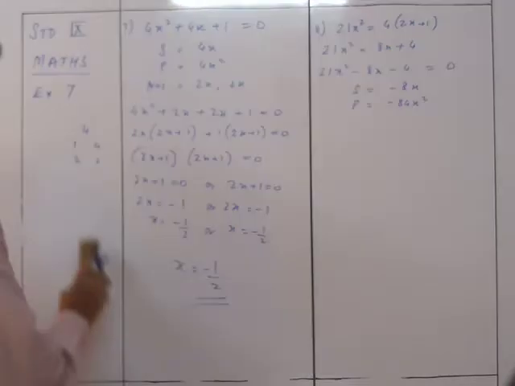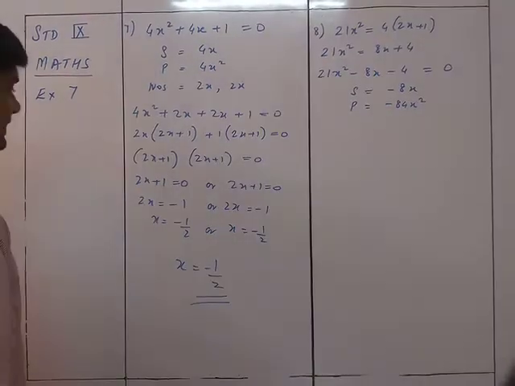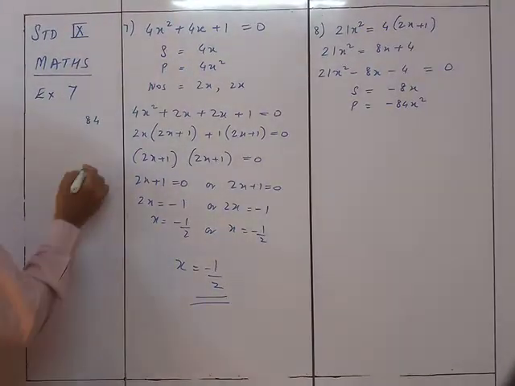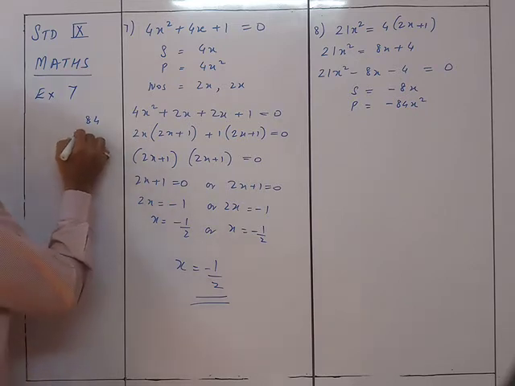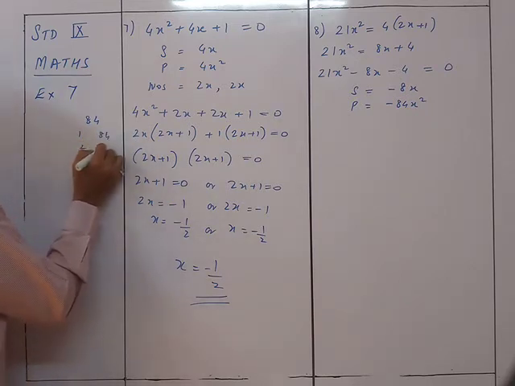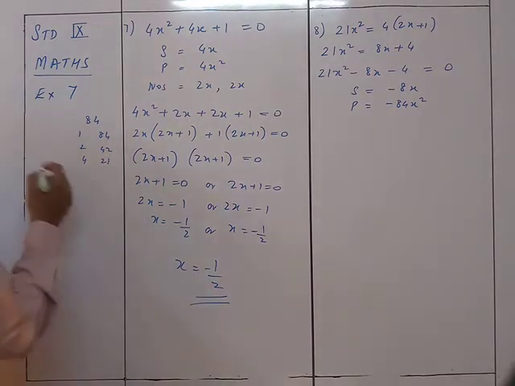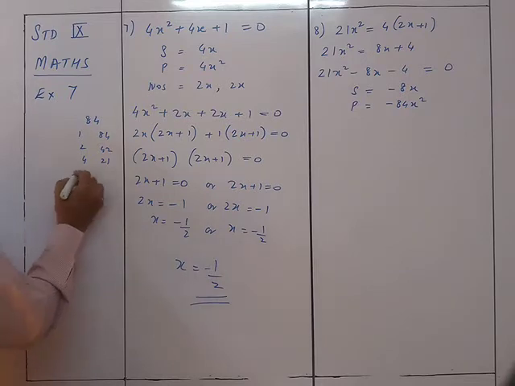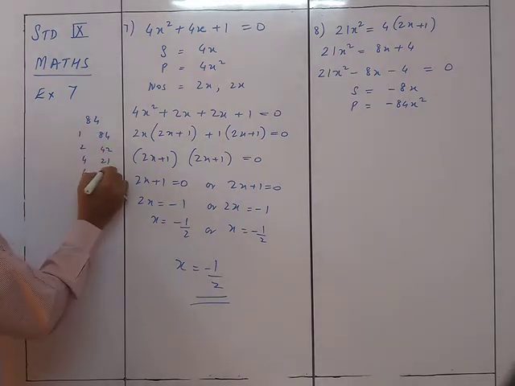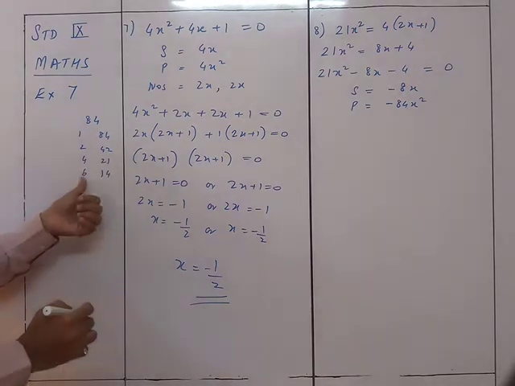Okay, so we need to split 84 into two parts. We can see that it will be 1 and 84, 2 and 42, 4 and 21. Then 6 and 14: 6 fours are 24, and 14 minus 6 is 8.